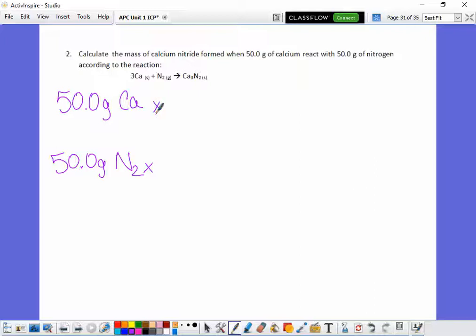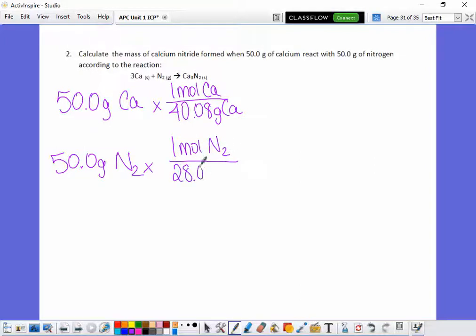So we're just going to convert 50 grams of calcium to moles, and 50 grams of nitrogen to moles. Molar mass of calcium is 40.08, and nitrogen N2, you have to multiply 14.01 by 2, getting 28.02. So go ahead and calculate both of those moles.